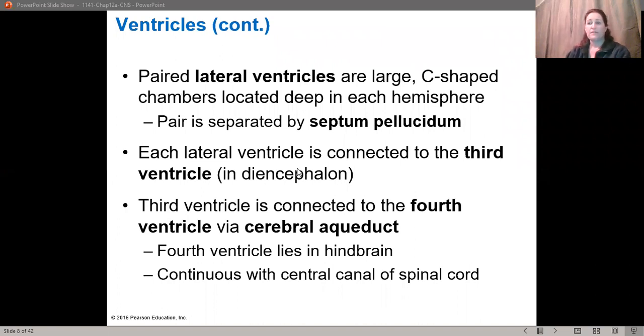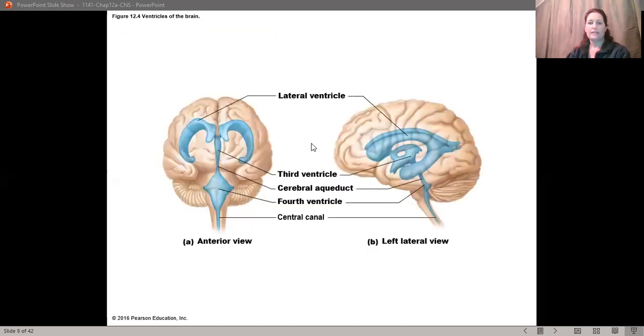There are 4 ventricles, and you do need to know where these 4 ventricles are located. The first 2 are called lateral ventricles. So lateral 1 and lateral 2. In lab, we'll be talking about ventricles as well, and you won't need to know which one is on the right, which one's on the left, just that these are lateral ventricles.